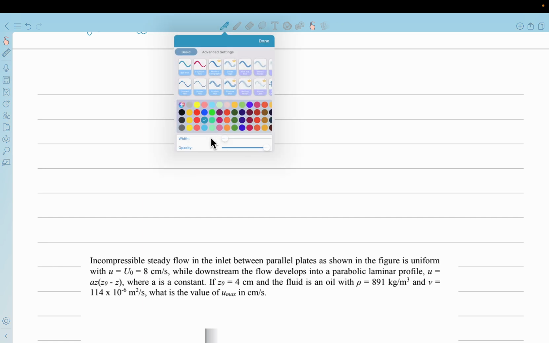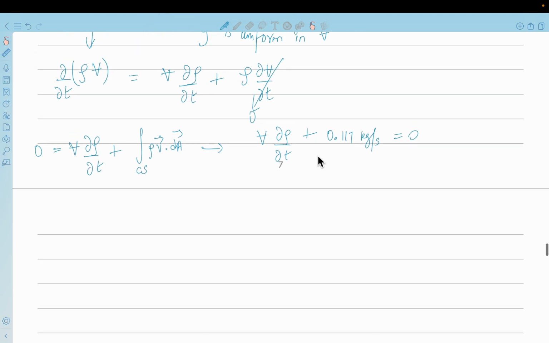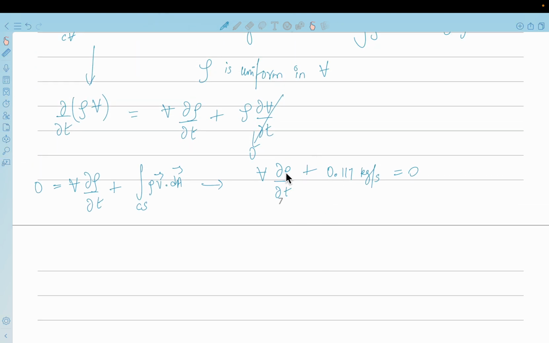Okay, so what can we say about ∂ρ/∂t? ∂ρ/∂t is minus 0.117 by the volume.